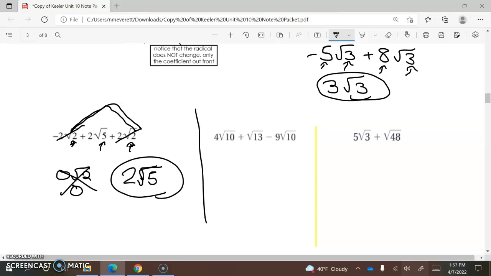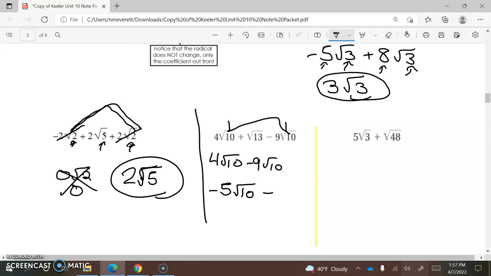Okay, let's go here: 4 square root of 10 plus square root of 13 minus 9 square root of 10. I look for the ones that are common. I've got the square root of 10 and the square root of 10 right here, so I can add these together. I'm going to do 4 square root of 10 minus 9 square root of 10, and again, all you're doing is adding the numbers out front. 4 minus 9 gets you negative 5 square root of 10.